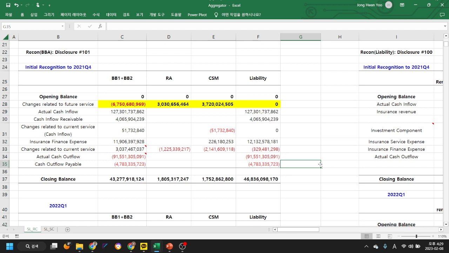And this is part of the measurement subsequent to the initial recognition. I just show a small bit, but in the next video I'll step through the detail with some more visual illustration.